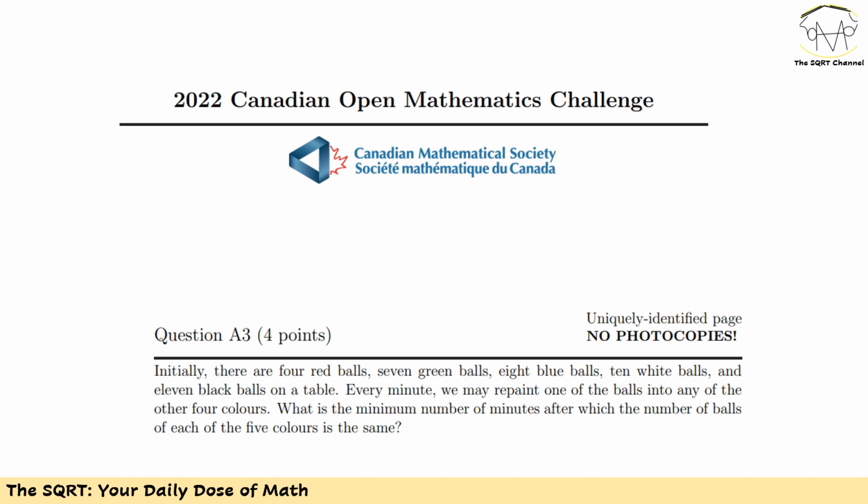Now the problem is asking what is the minimum number of minutes that we need, after which the number of balls of each of the 5 colors is the same. Let's see how we are going to solve it now.